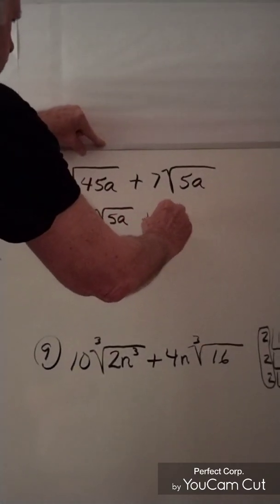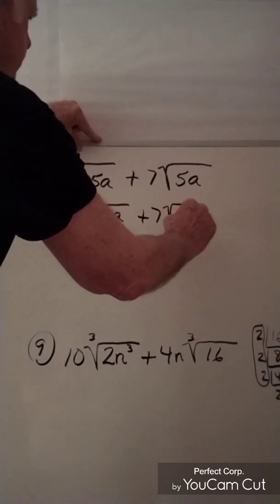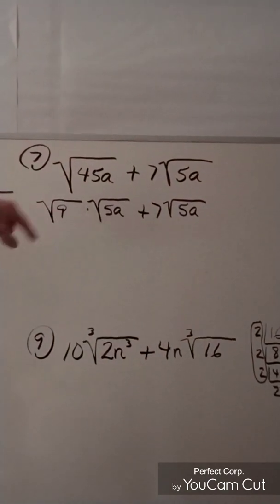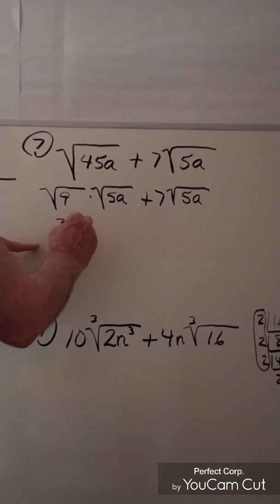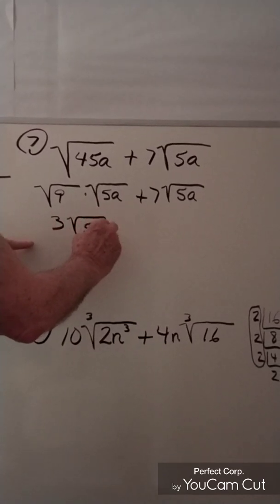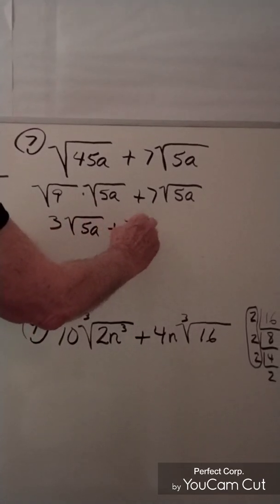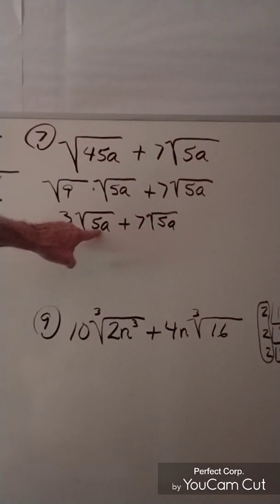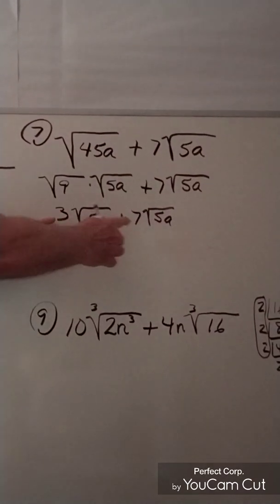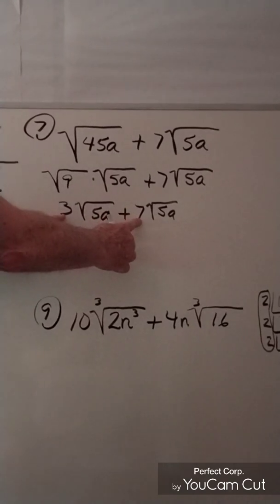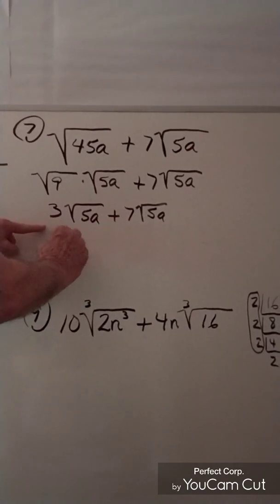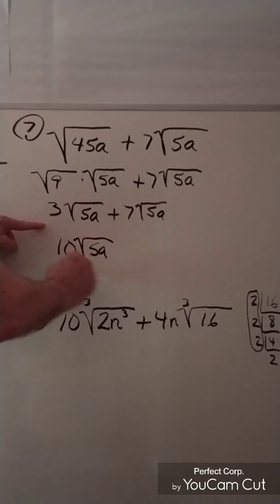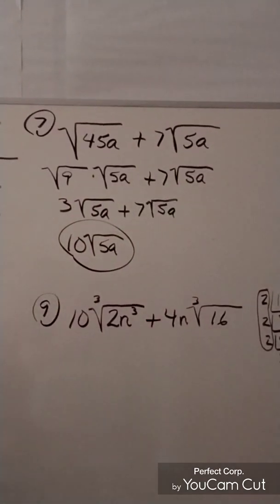Bring down positive 7 root 5a because that has nothing. Pull it out. 3 root 5a plus 7 root 5a. They're like. Add the numerical values here because they're like terms. Answer 10 root 5a. Done.